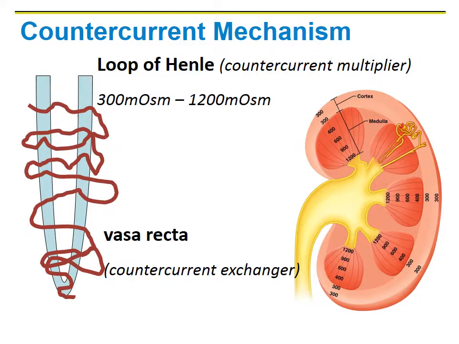The vasa recta's blood flow is opposite to the direction of the filtrate. This opposite direction of flow is called a countercurrent mechanism. So instead of salts diffusing into the moving blood and being taken away, the countercurrent mechanism actually maintains the salt gradient.